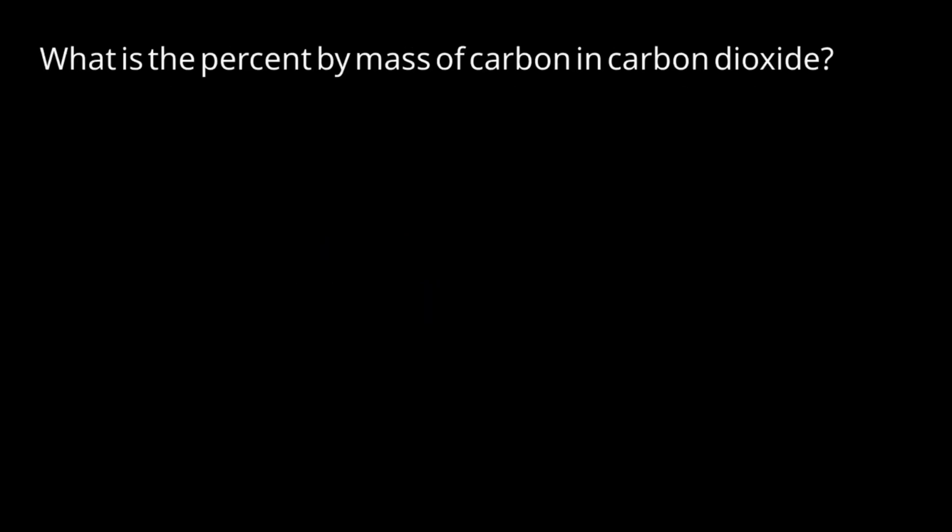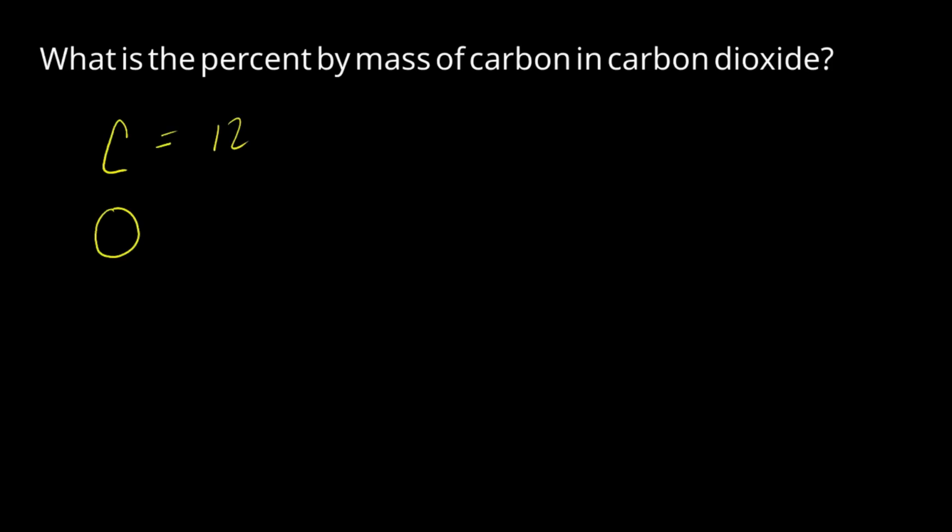Let's start with percent by mass. This tells us what portion of a compound's mass comes from a specific element. What is the percent by mass of carbon in carbon dioxide? So let's start with the molar mass. For carbon, the molar mass is going to equal 12 grams per mole.